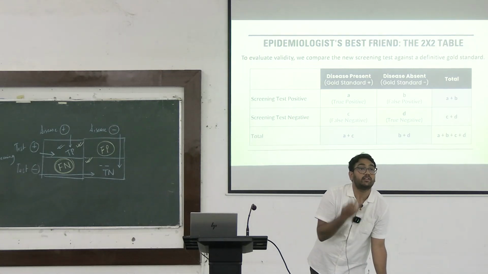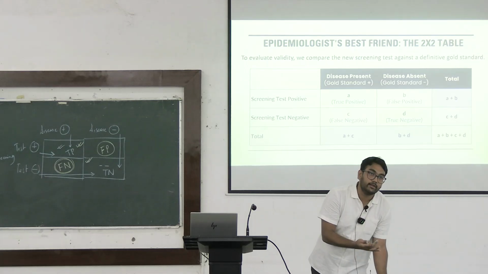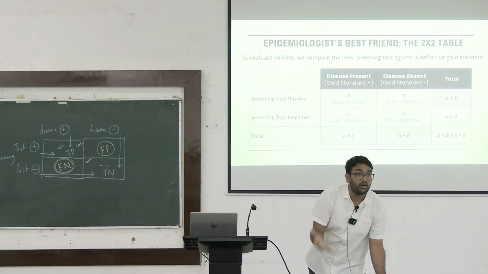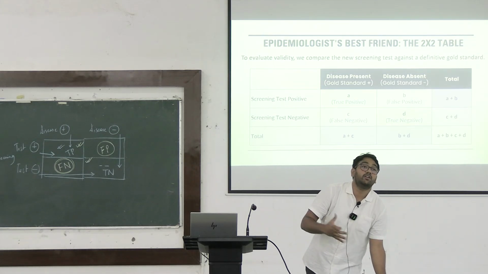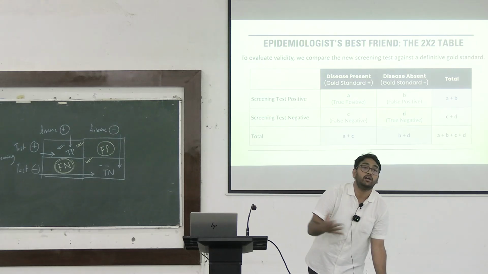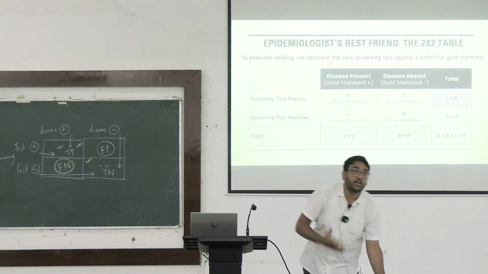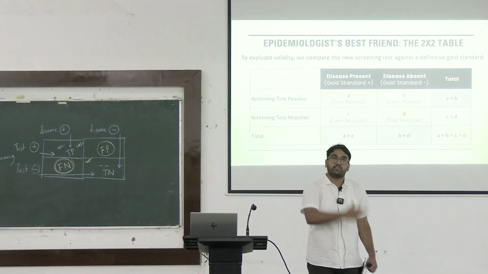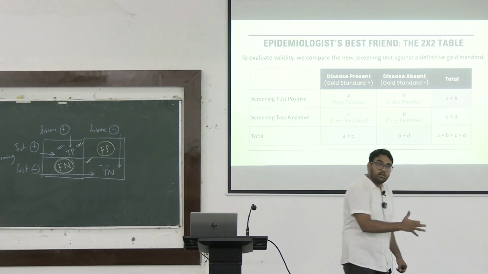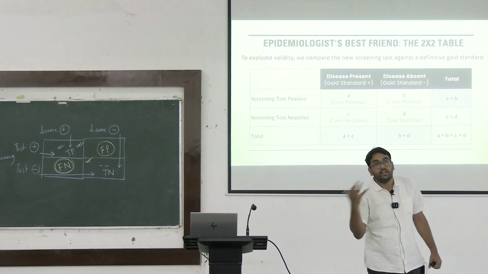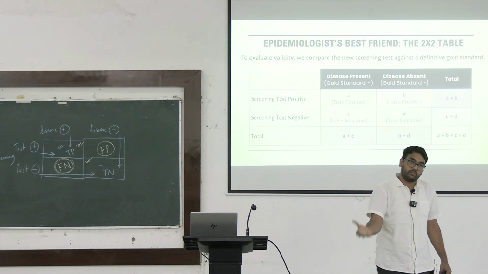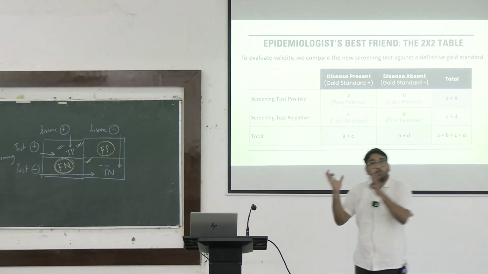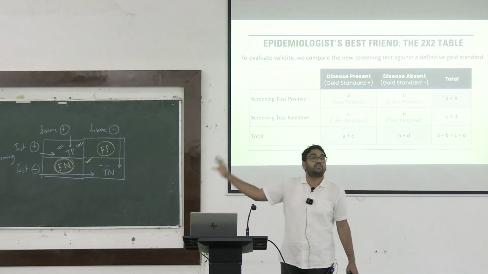So remember that the naming, whether we name it positive or negative, is always with respect to what the screening test is finding. And the judgment of true or false is always with respect to the gold standard or the diagnostic test. If the gold standard is agreeing with the screening test, then it is true. If the gold standard is not agreeing with the screening test, then it is false. But whether it is positive or negative depends on the screening test.